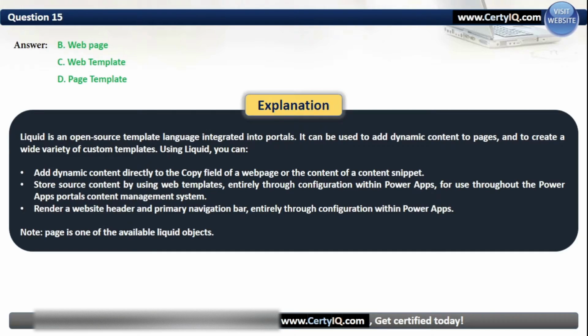Store source content by using web templates entirely through configuration within Power Apps for use throughout the Power Apps portal's content management system. Render a website header and primary navigation bar entirely through configuration within Power Apps. Note, page is one of the available Liquid objects.